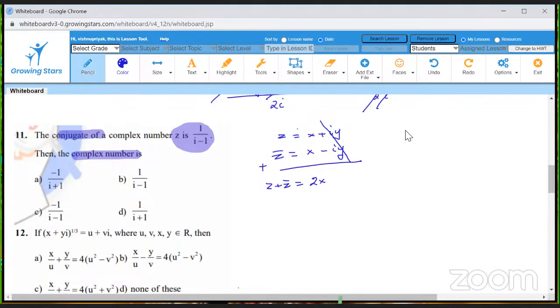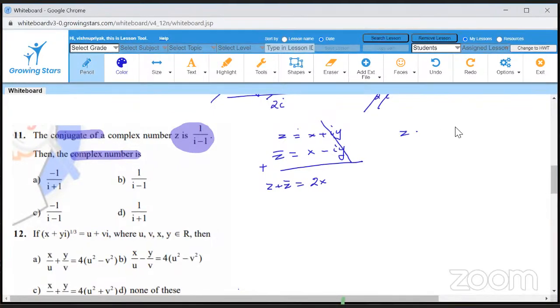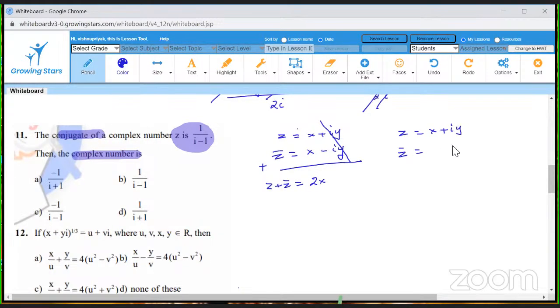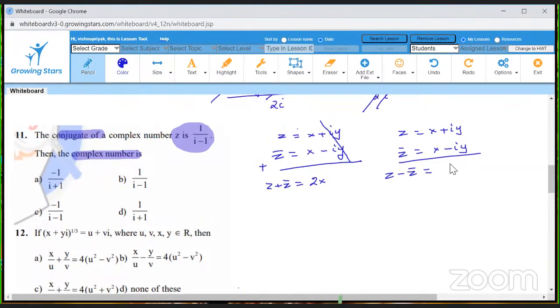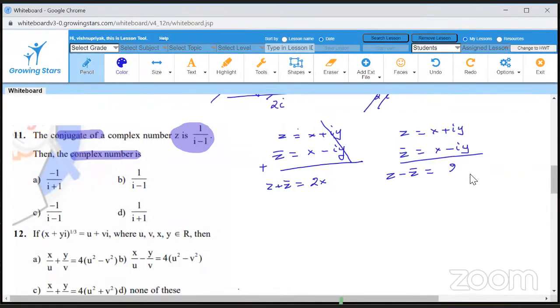When you subtract z and z bar, you will get 2iy.